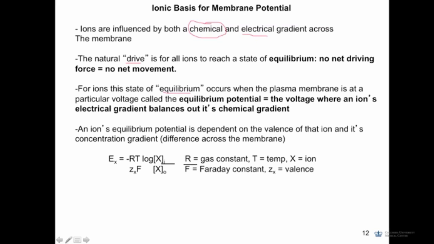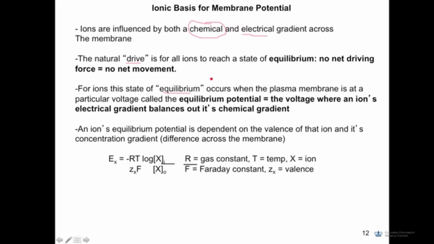That's an essential concept, that in order for an ion to reach a state of equilibrium, its chemical gradient and electrical gradients must be equal in size but pointing in opposite directions. So then finally the ion has no more net driving force for movement.